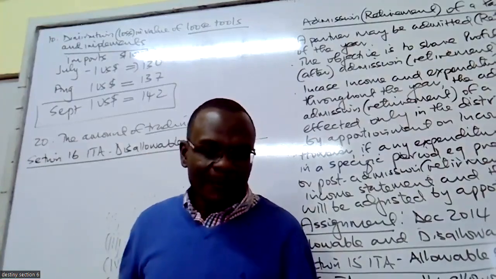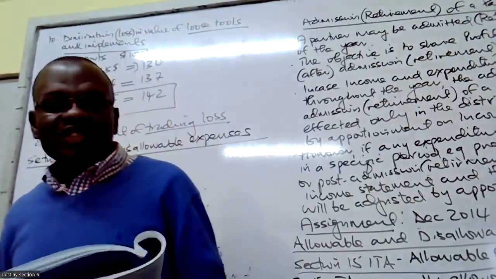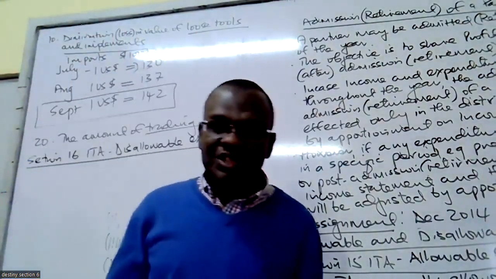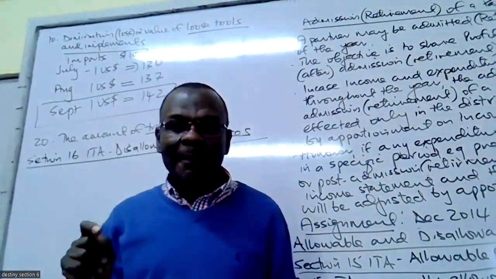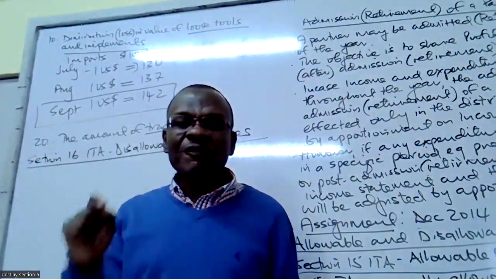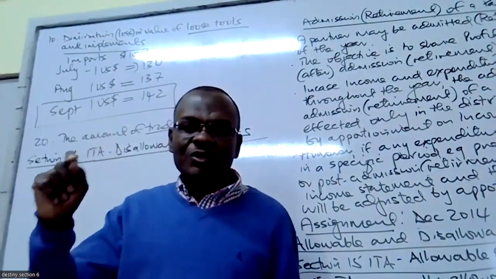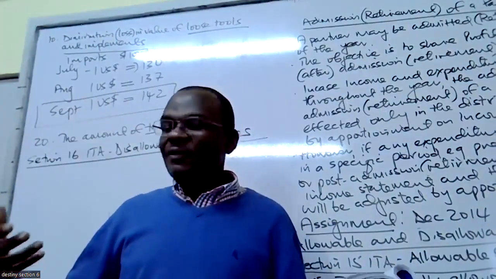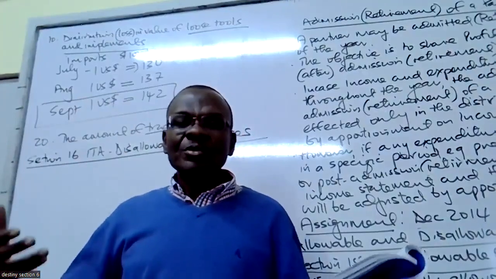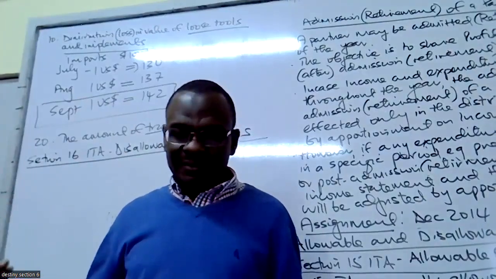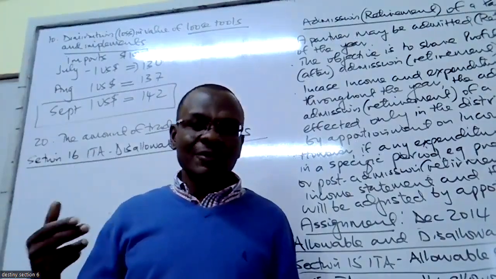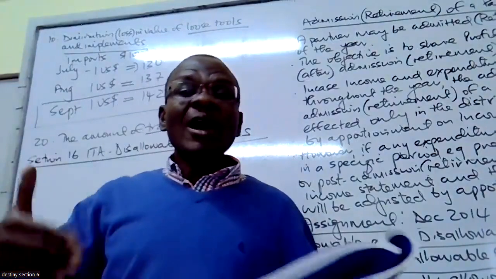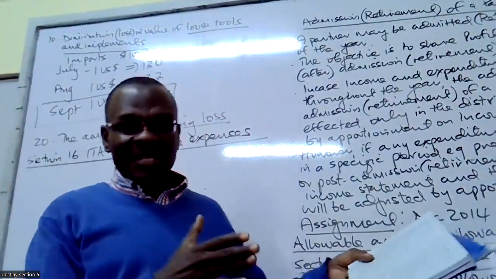Number two, general provisions for bad debts. For example, if you make a provision of 20% of the total debtors. If the total debtors at the end of the year amount to 200,000, and you take 20% of that, 40,000, and you charge it in the income statement, for accounting purposes it makes sense.